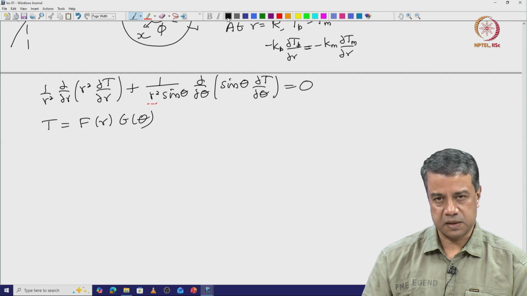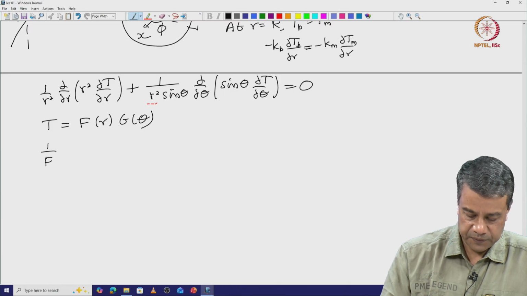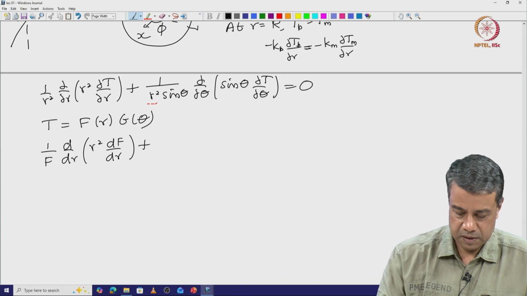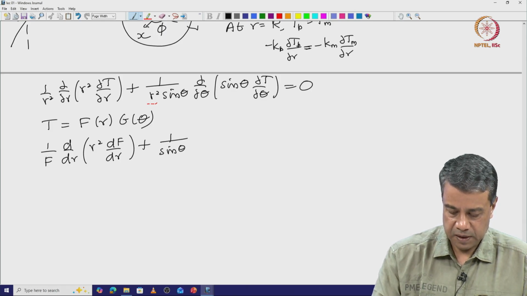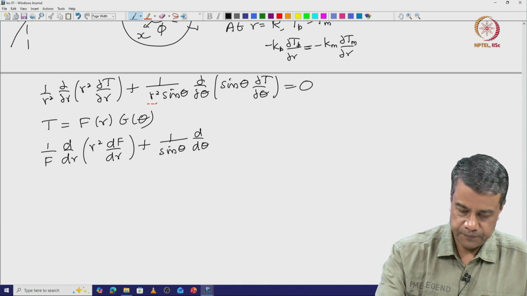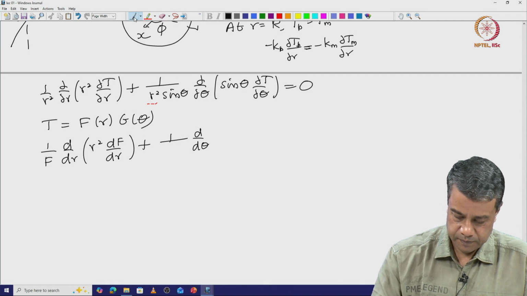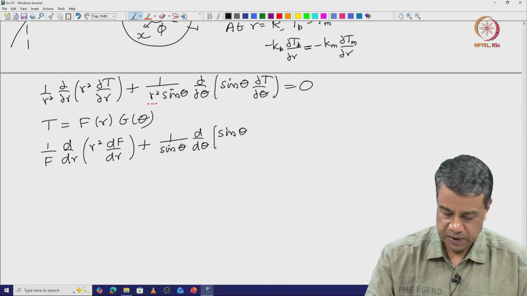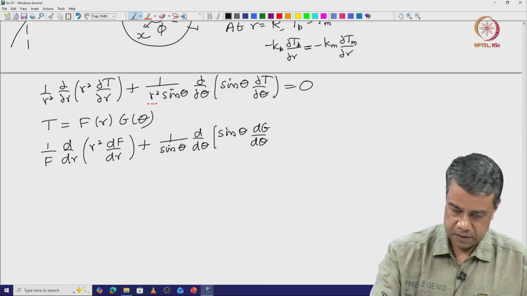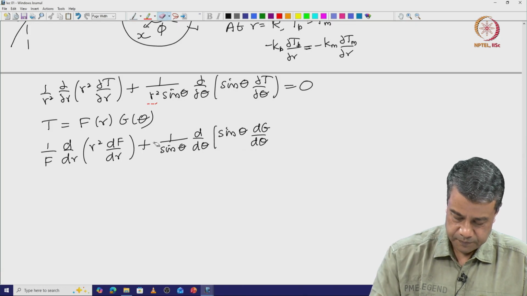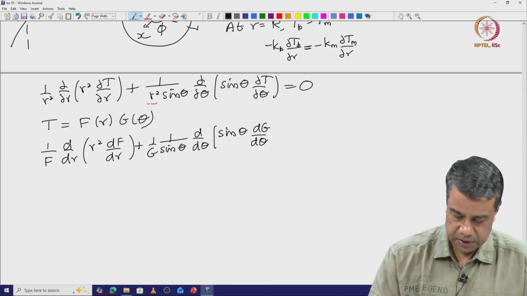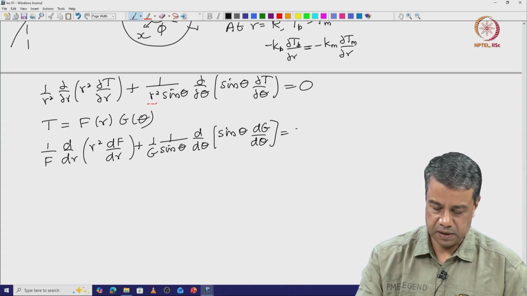I will get 1 over f d by dr of r square df by dr plus 1 over g, 1 over sin theta d by d theta of sin theta dg by d theta is equal to 0.